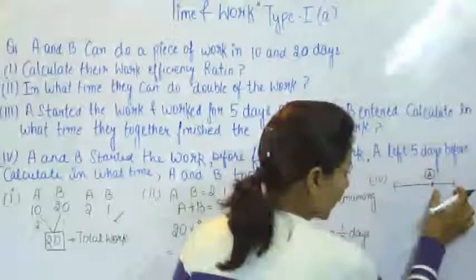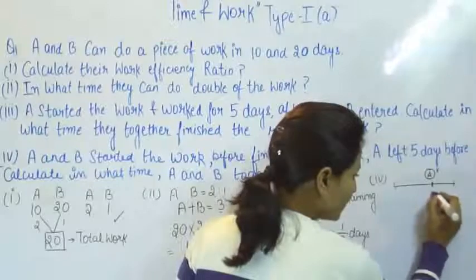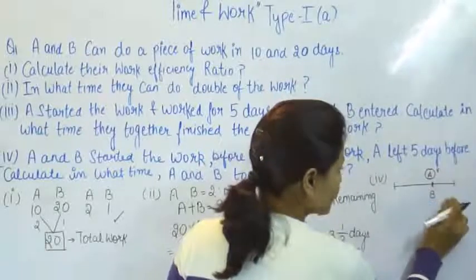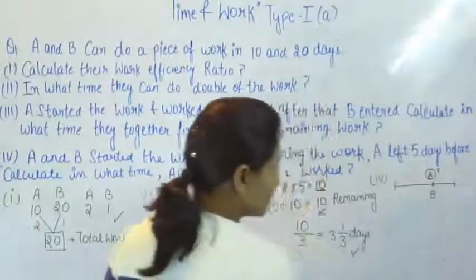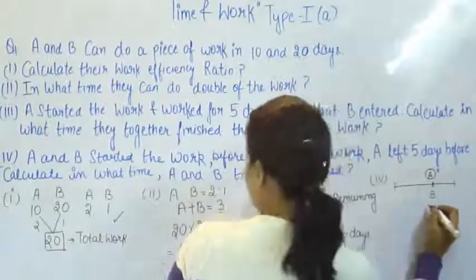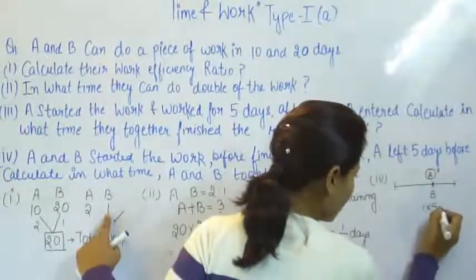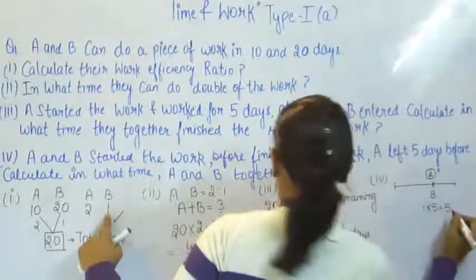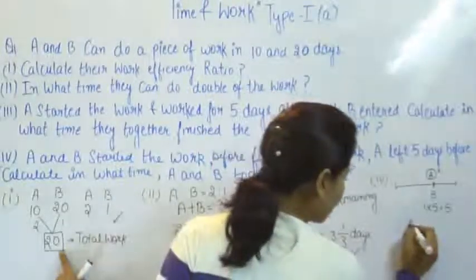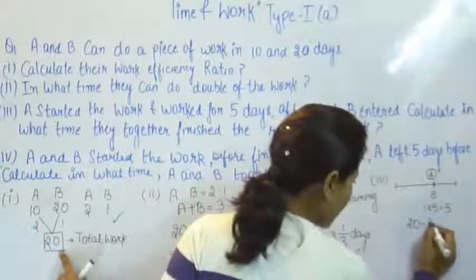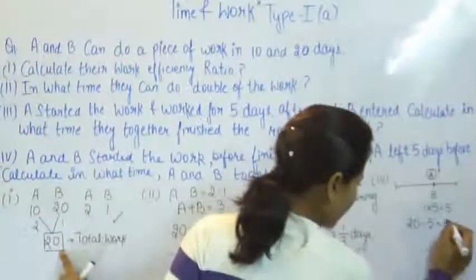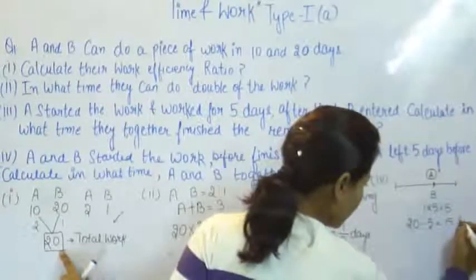So this work can be done by B. So B has done that remaining work. So B worked for 5 days. B is 1. B worked for 5 days. Out of 20, B has done this work and remaining work is 15.